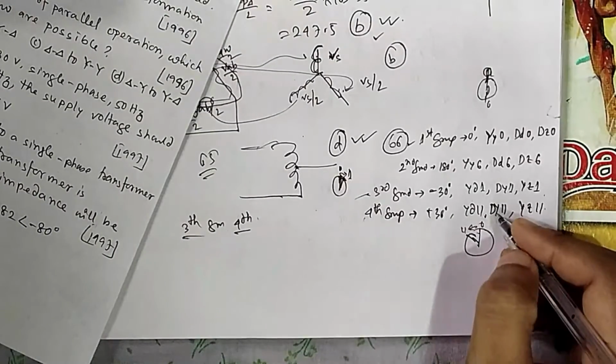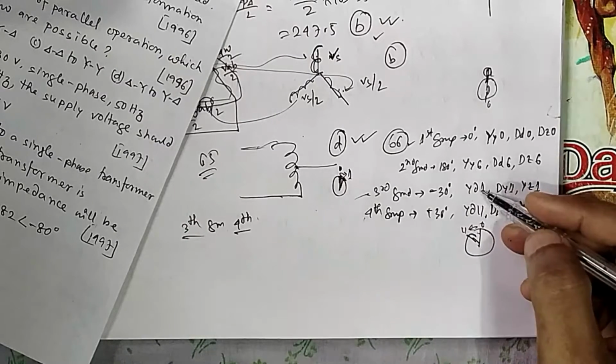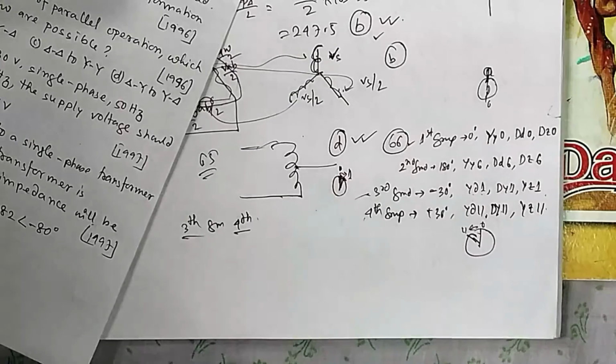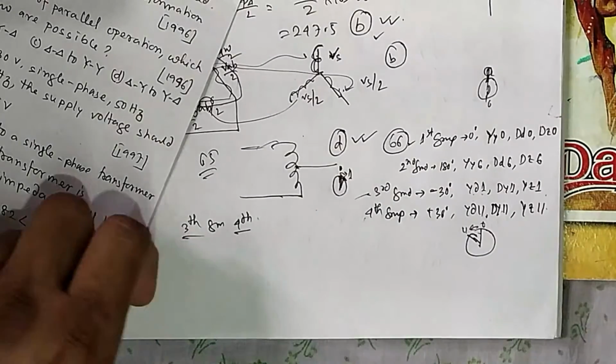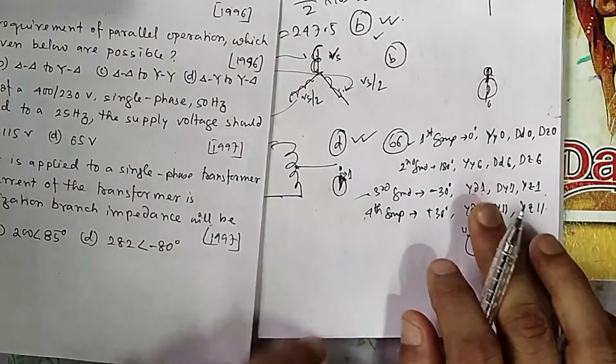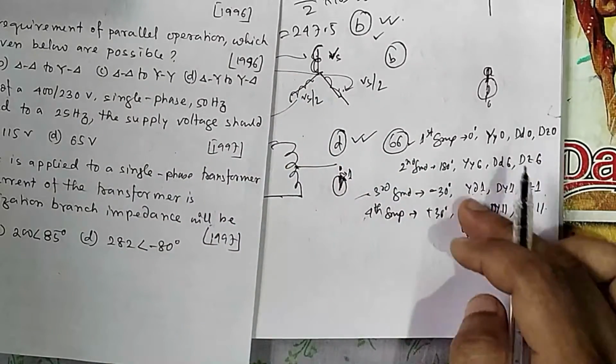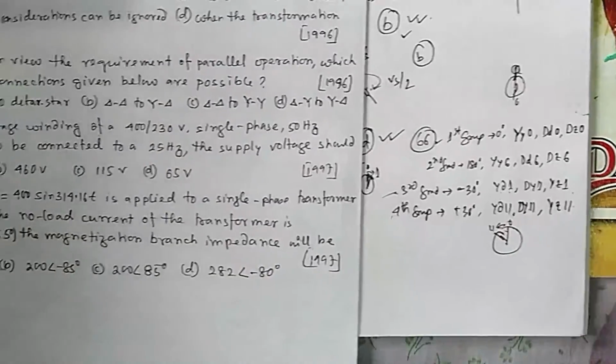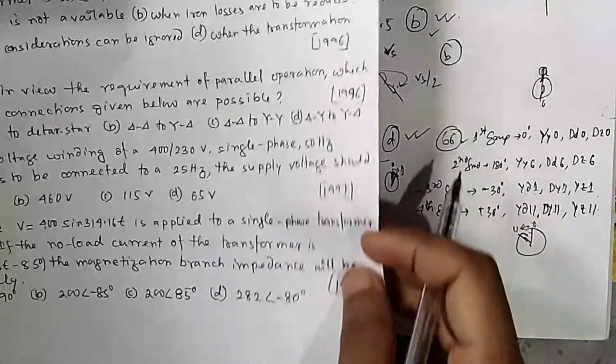That means Dy11 can be connected with Yd1 also, or Dy1 also. That is possible, but you have to be very careful with the connections. In some cases you have to change the phase sequence also.